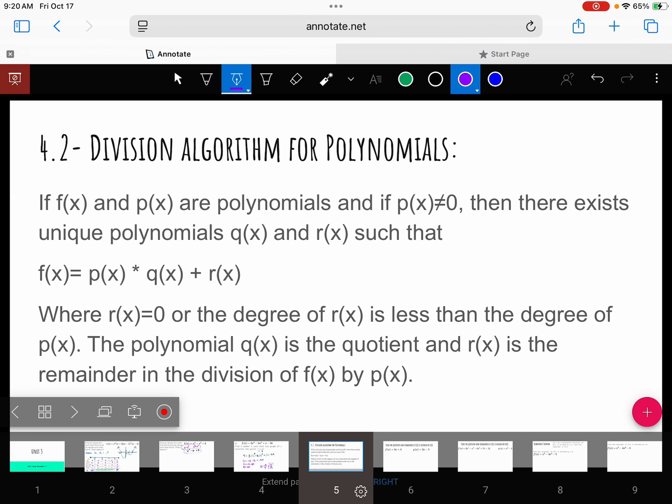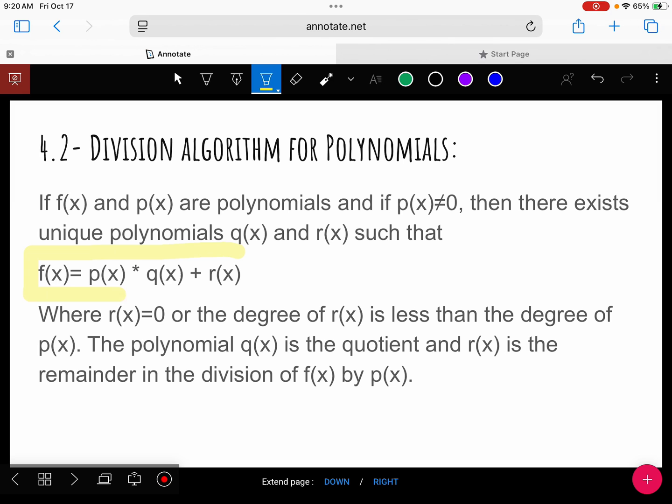The thing we are going to wind up using most is this equation looking thing in the middle. Sorry, I'm just grabbing the highlighter real quick. This is the piece that we will wind up using the most. Because what we're doing is we're going to take our f of x and divide it by p of x.